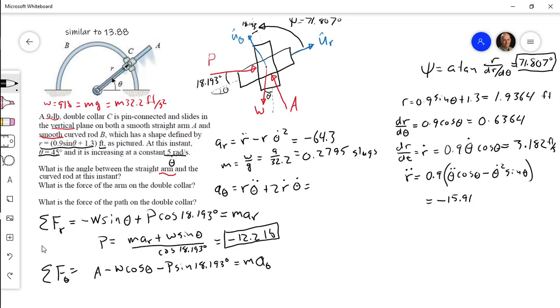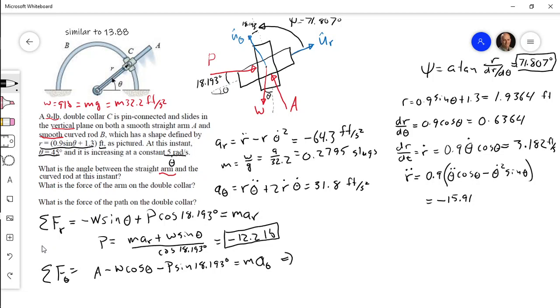And we have all these numbers, plug them in, and this turns out to be 31.8. And that would be feet per second squared, as was this, feet per second squared.